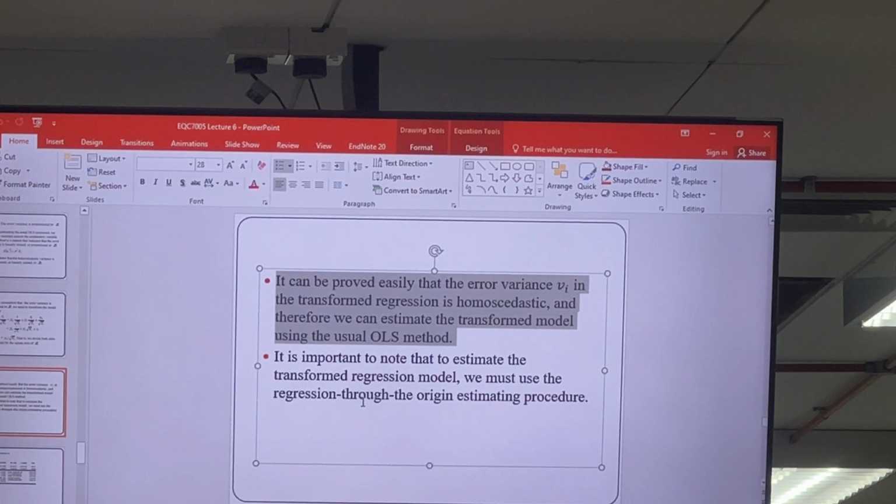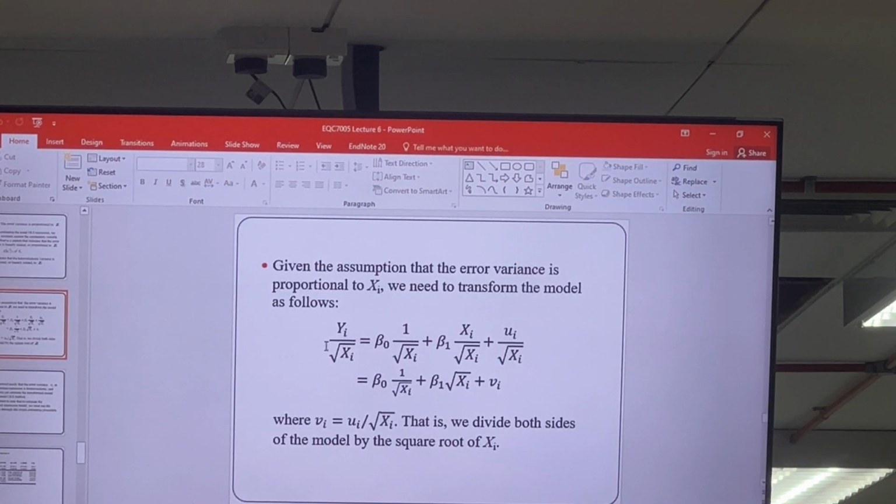It is important to note that to estimate the transformed regression model, we must use the regression through the origin procedure. So now, after we divide, it's just like we have two regressors. This is our new dependent variable, this one the first regressor, and the second regressor.